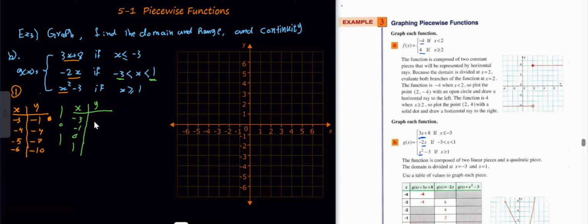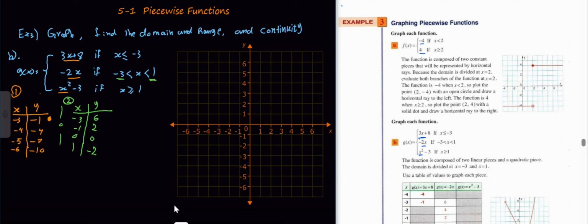We put these values of x into y, which is negative 2x. Negative 2 multiplied by negative 3 will be 6. Negative 2 multiplied by negative 1 will be 2. Negative 2 multiplied by 0 will be 0. Negative 2 multiplied by 1 will be negative 2. This is how we do the second table.